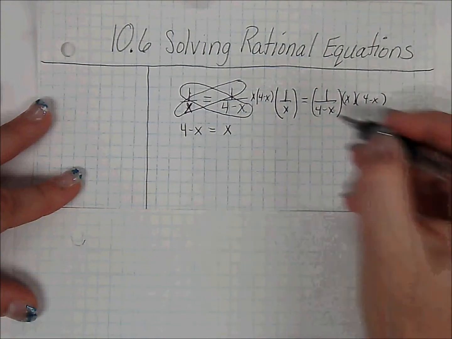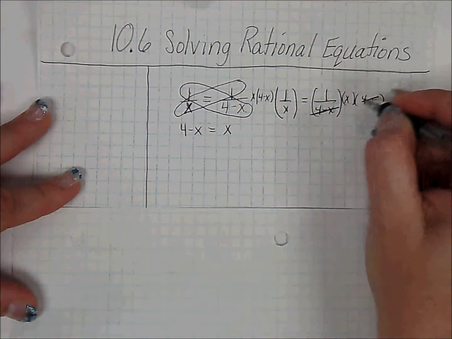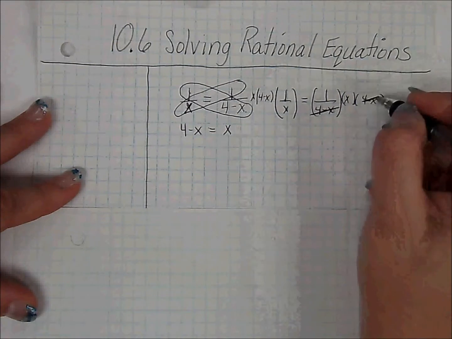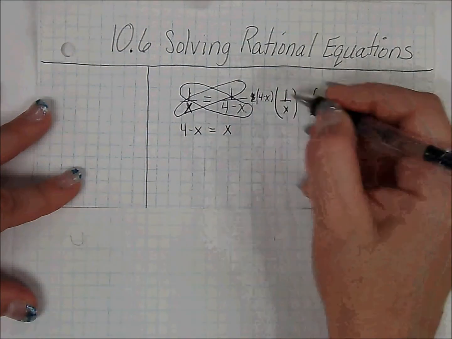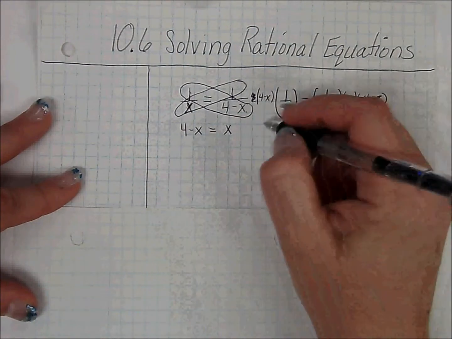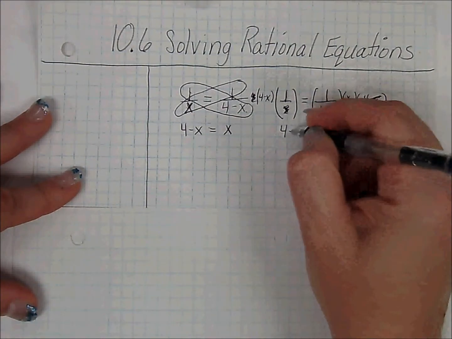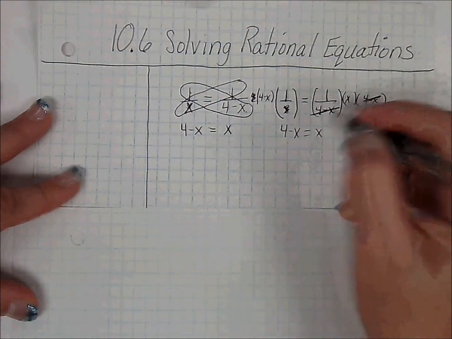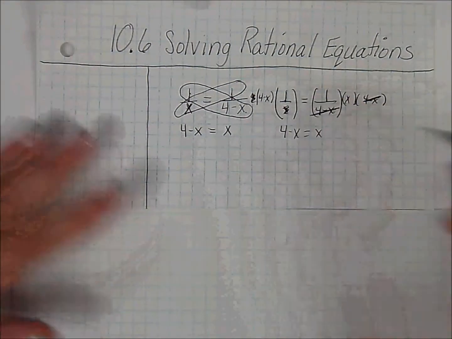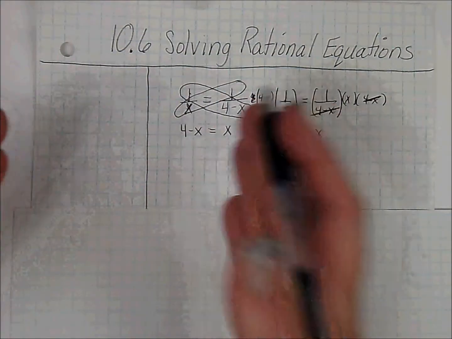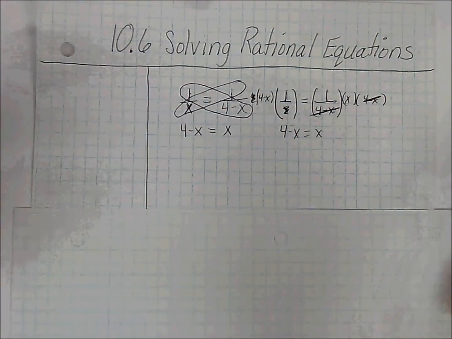And here you would see these two would cancel each other out, because 4 minus x divided by 4 minus x would be 1. And here, x divided by x would be 1. And we would end up with 4 minus x times 1 and 1 times x, which is exactly what we just did. This will work no matter how the problem's set up. The other method will only work if it's a fraction equals a fraction. So hopefully it helps some of you.